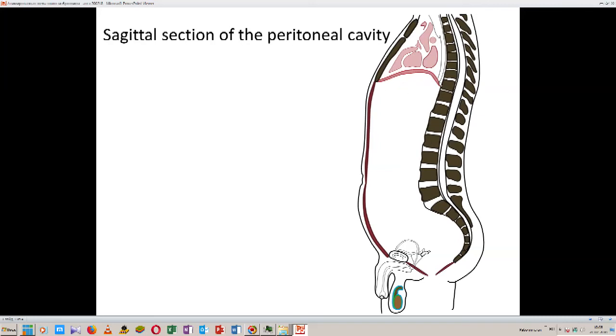Superior, diaphragm, and inferior, diaphragm of the pelvis. So all this space is the abdominal cavity, but not the peritoneal cavity. About the peritoneal cavity, several minutes later.